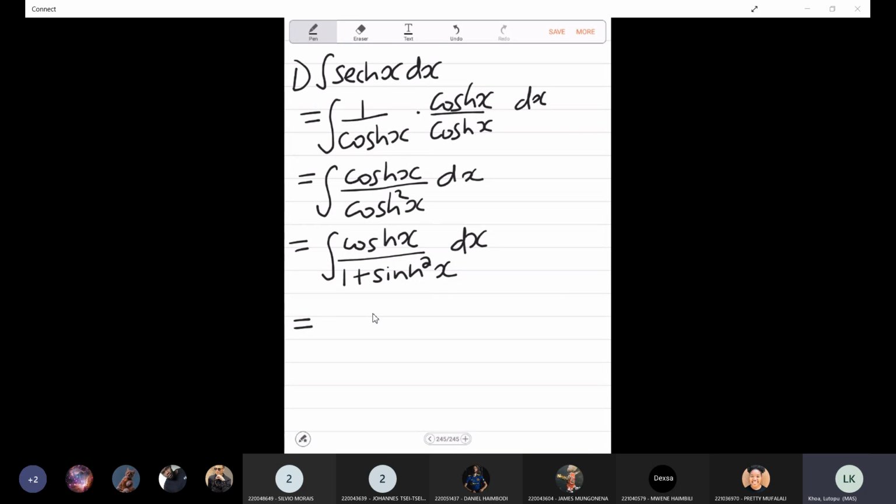So I can just write this as tan inverse of hyperbolic sine of x plus c. Okay, so sometimes you will have to introduce terms into whatever it is that you're integrating in order to have it in the form that you want, so you can use Arc Trig integration.